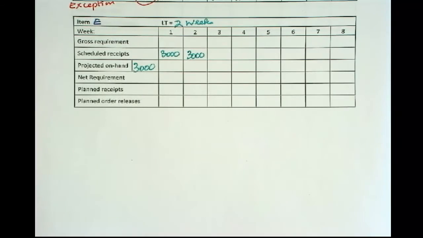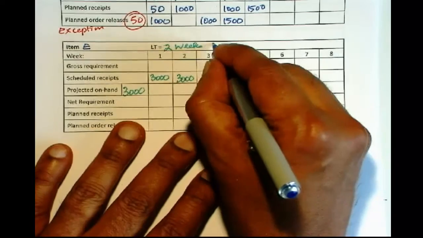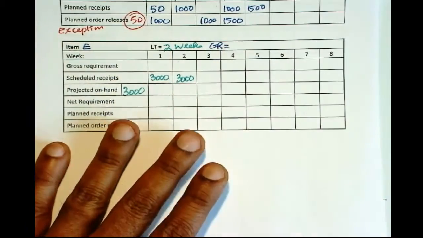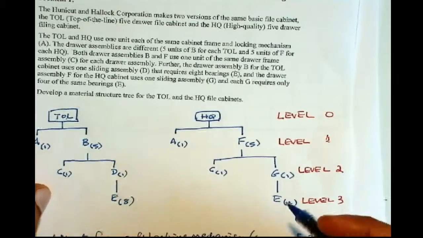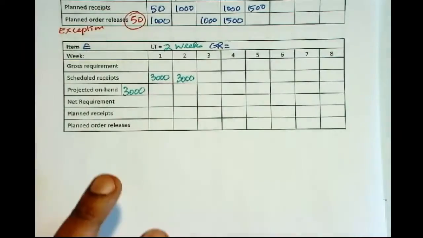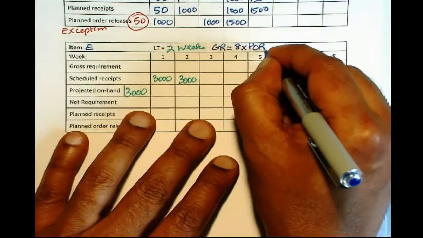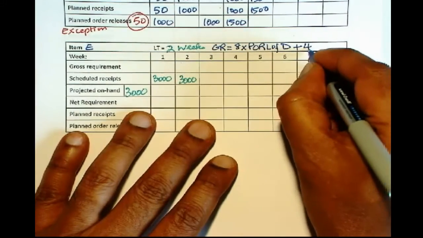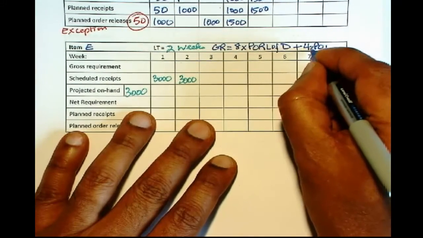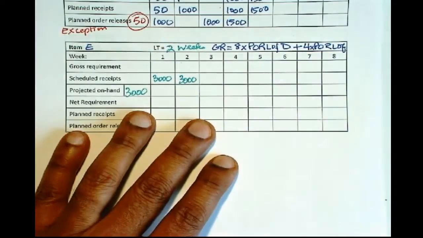Now the gross requirement for E is 8 for D and 4 for G. So 8 times PO or L of D plus 4 times PO or L of G.